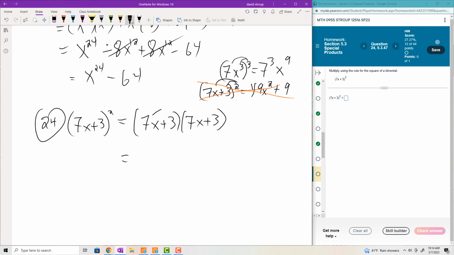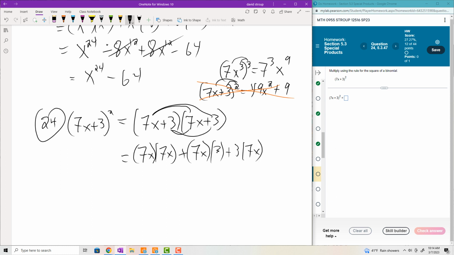So the first 7x times 7x, the outer 7x times 3, the inner 3 times 7x, and then the last 3 times 3. 7 times 7 is 49, x times x is x squared, plus 3 times 7 is 21x, plus 3 times 7 is 21x, plus 9.